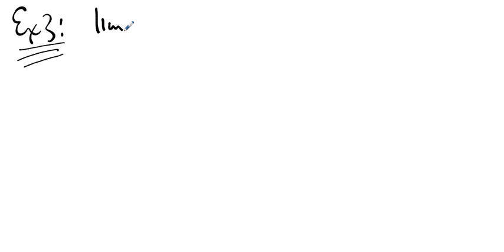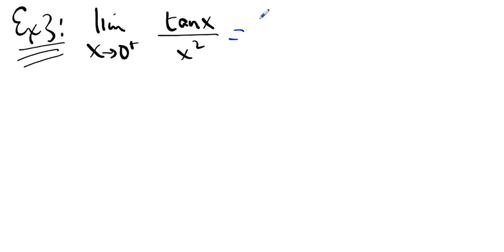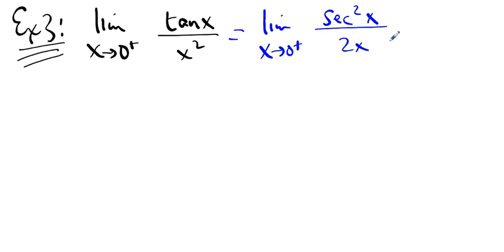So, how about that? Well, is that doable? Well, I hope it is. L'Hopital's rule says that this is the limit as x approaches 0 from the right of secant squared x over 2x.